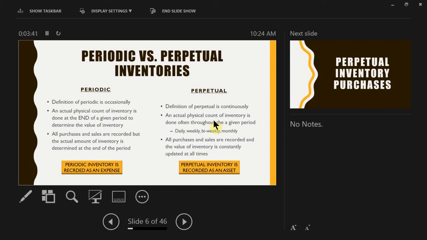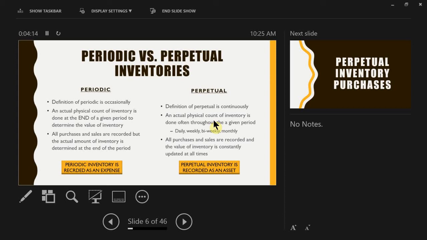Your only automatic assumption is that if you purchased all these items and you end up with this, you sold some along the way. The big difference is that we don't keep track of how many items we sell. We only care about how much we purchase and how much we have at the end of the day by taking the physical inventory count.